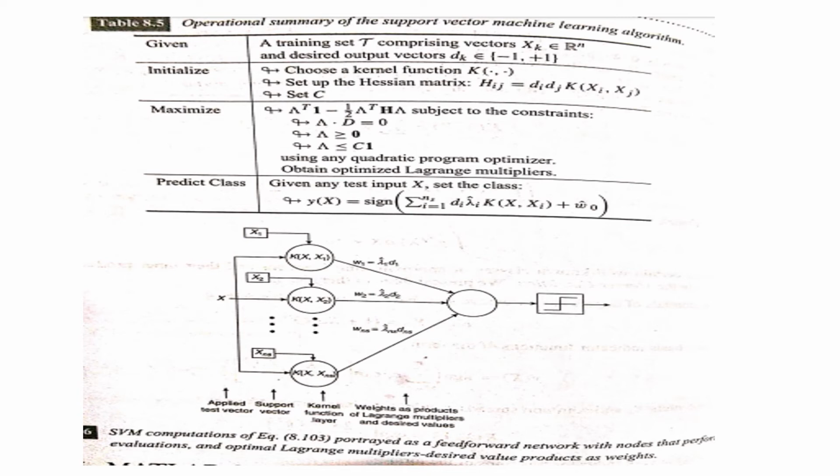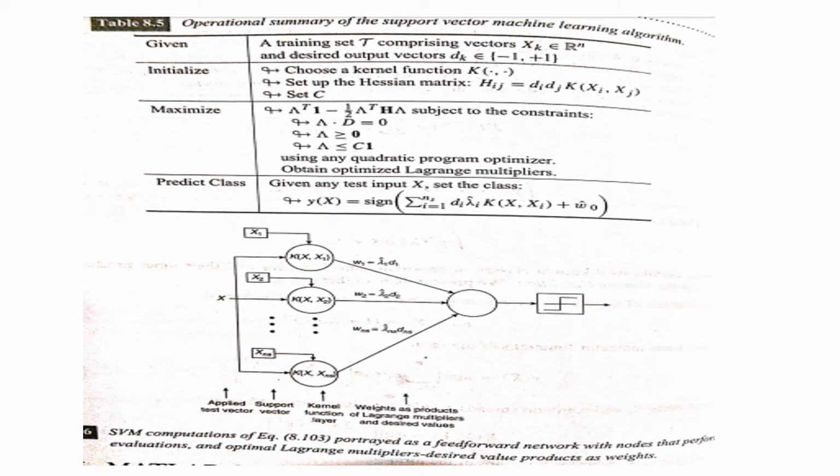So this is pictorially represented in this diagram, where we have an input test vector applied. Then the test vector will be transformed into a higher dimension using the kernel. Then it will be multiplied with the weight vector, which includes the lambda and the desired value. How the lambda and desired value are calculated is based on the Lagrangian multiplier. So lambda is nothing but the Lagrangian multiplier vector.